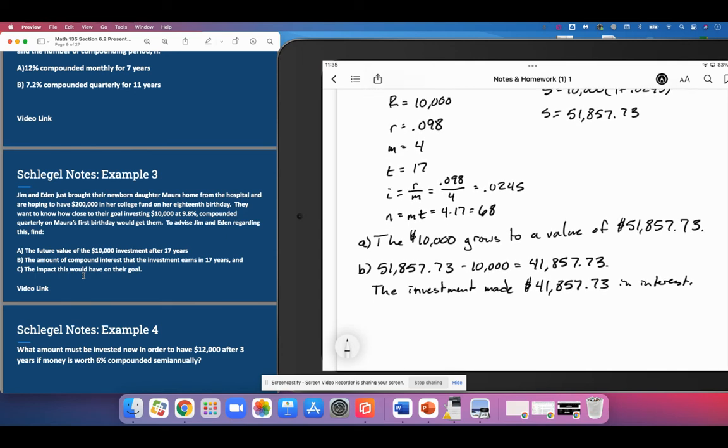So what impact would this have on their goal? Well, they're about $52,000 closer. We know that they want to get to 200,000. They've got to come up with about 150,000 more.